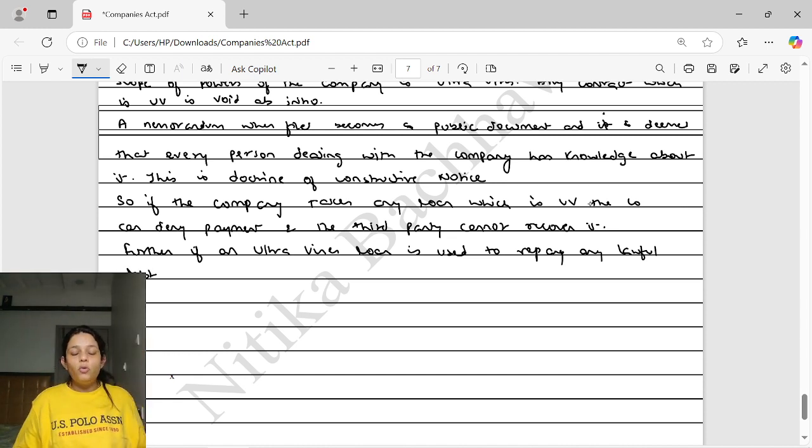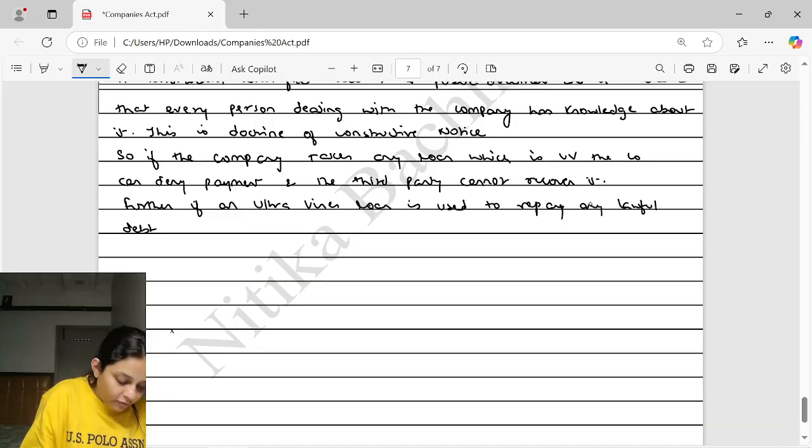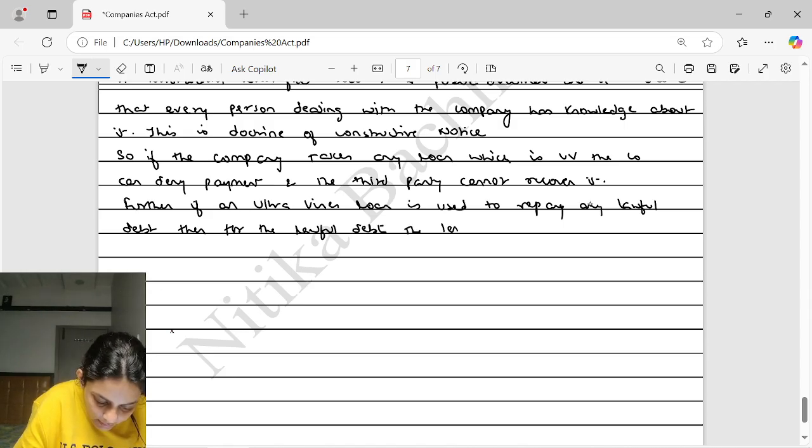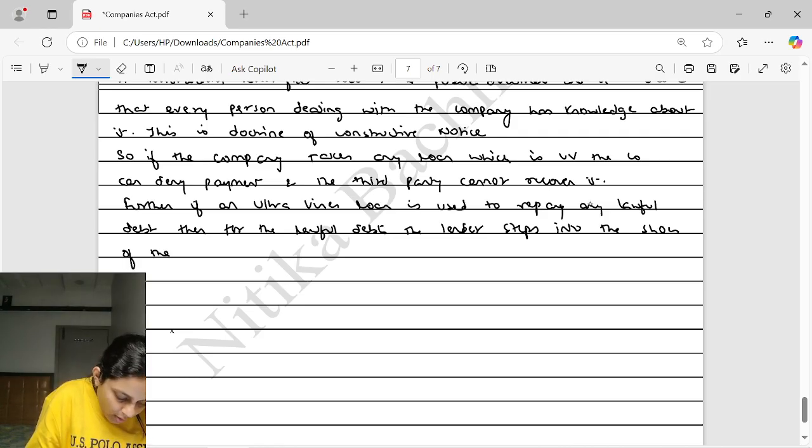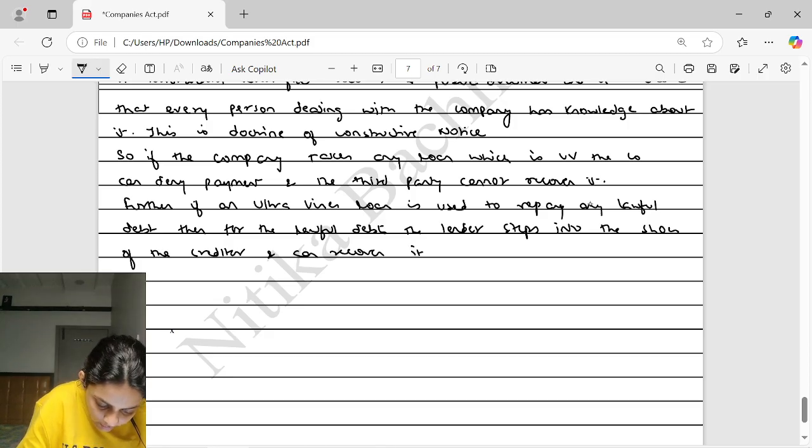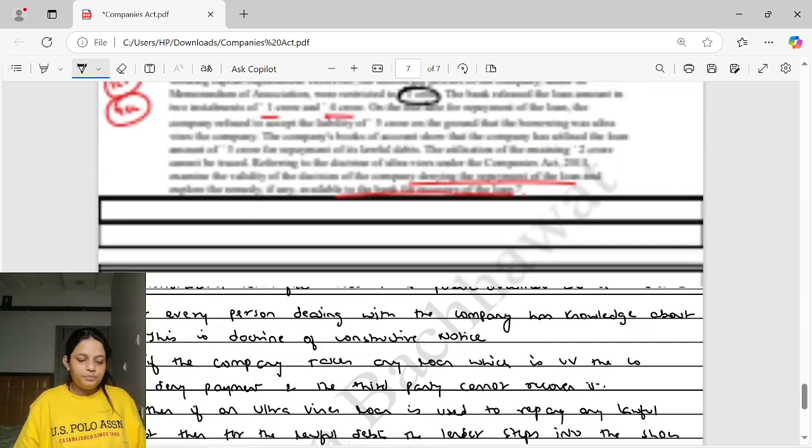If the ultra vires loan is used to repay any lawful debt, then for the lawful debts, the lender steps into the shoes of the creditor and can recover it from the company.